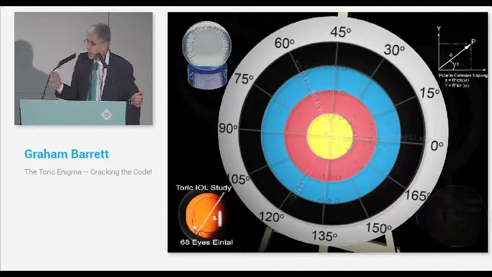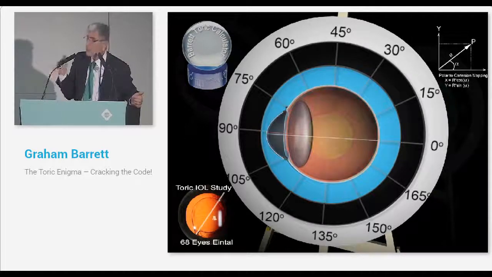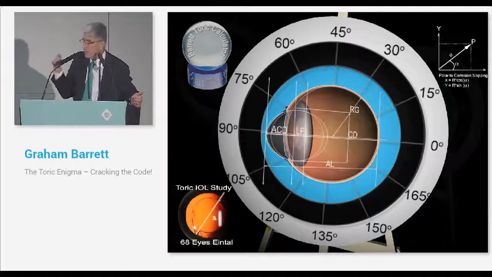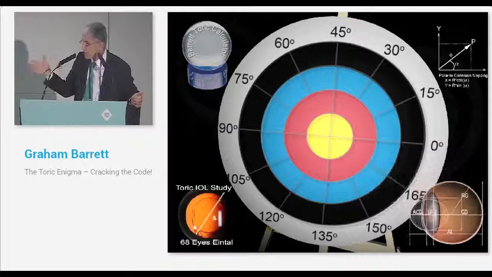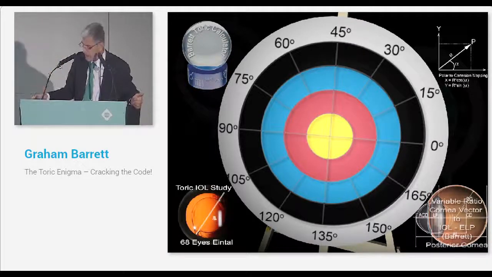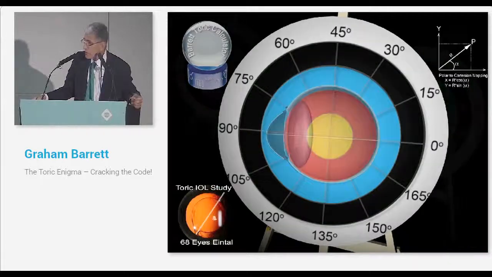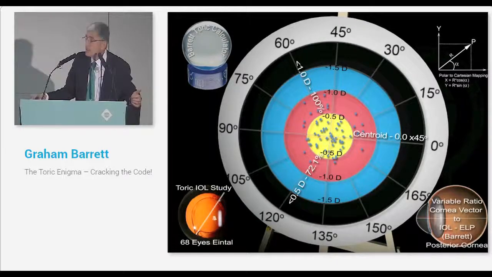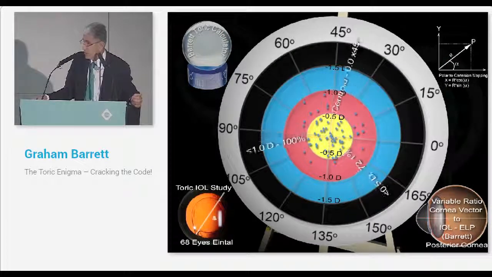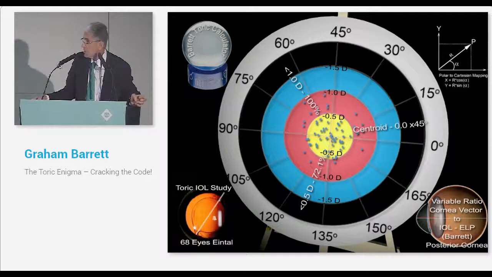So my own calculator, as I've explained, firstly uses the Barrett Universal 2 formula to predict the ELP, and uses that in the calculation, but it also predicts a posterior corneal astigmatism. And using this calculator, on the same set of patients, the centroid is essentially 0, and now 72% of patients are within a half diopter.